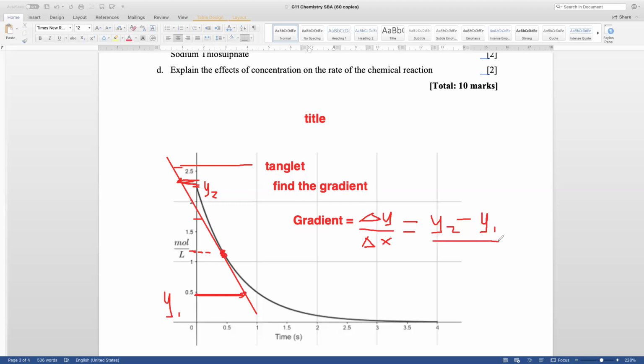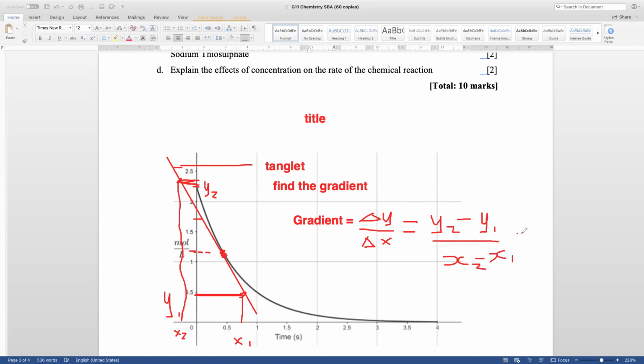What about the change in x? The same thing. So this point here, if you drop it on the x-axis, if this is your y1, this can be your x1. And somewhere here, if that was your y2, then this becomes your x2. So you say x2 minus x1.